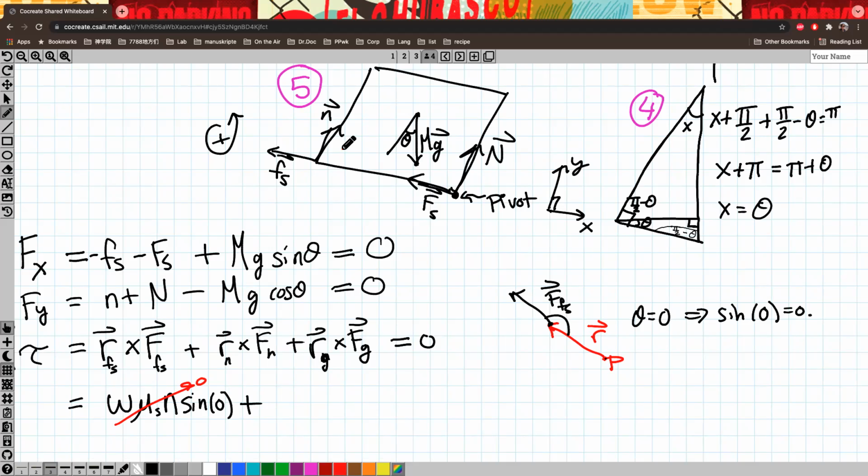The sine of the angle between the pivot and the normal force is definitely not 0, right? It's 90, so there's torque here. So W times the normal force, which is just N, times sine of pi over 2, which is just 1.